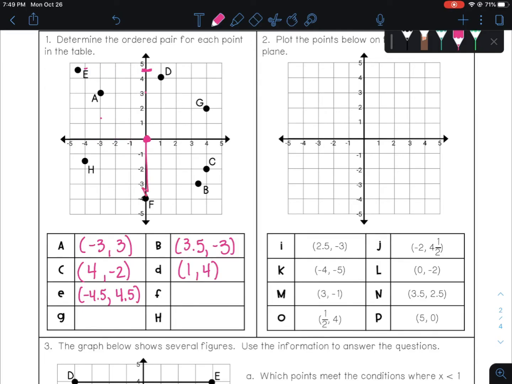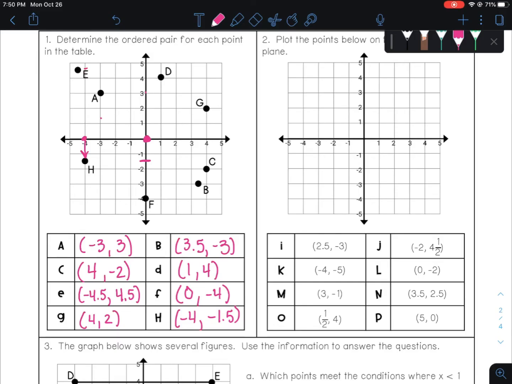We're just going to go straight down to the -4. So that's 0, -4. For point G, we're going to go over 4, up 2. It's a nice quadrant 1 point right there. And then for H, we're going to go over to the -4. And then looks like we're halfway between -1 and -2. So that's going to be -1.5.